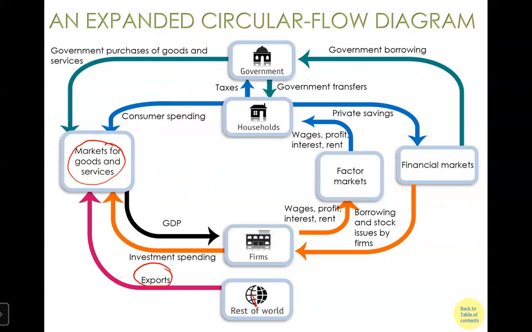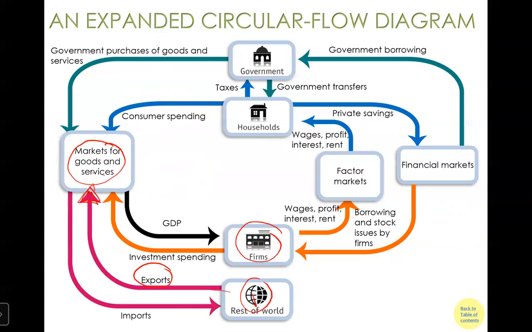So this arrow just means there's a demand for goods and services we produced from the rest of the world. But at the same time we have import, meaning we have demand for goods and services produced by other countries.